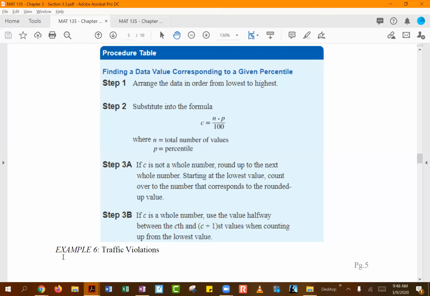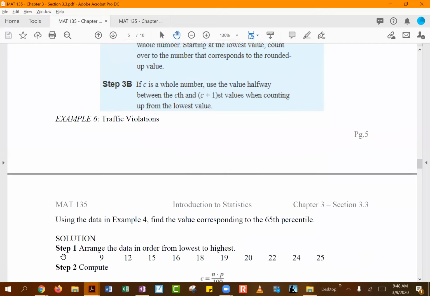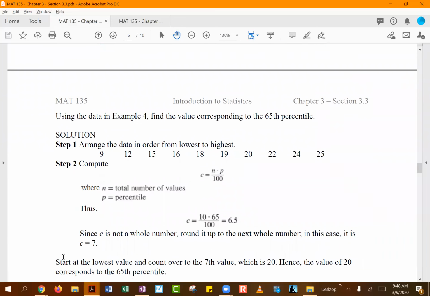So again, using our traffic violations example here, they are asking us to find what value would correspond to the 65th percentile. So you've got total number of data values, which is 10. Our percentile is 65, divide by 100. Now, what's the one thing you are noticing about 65 here?